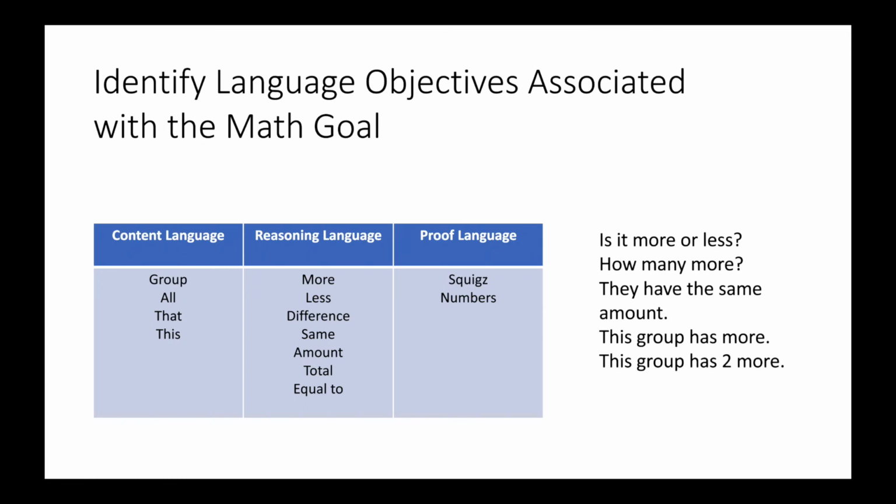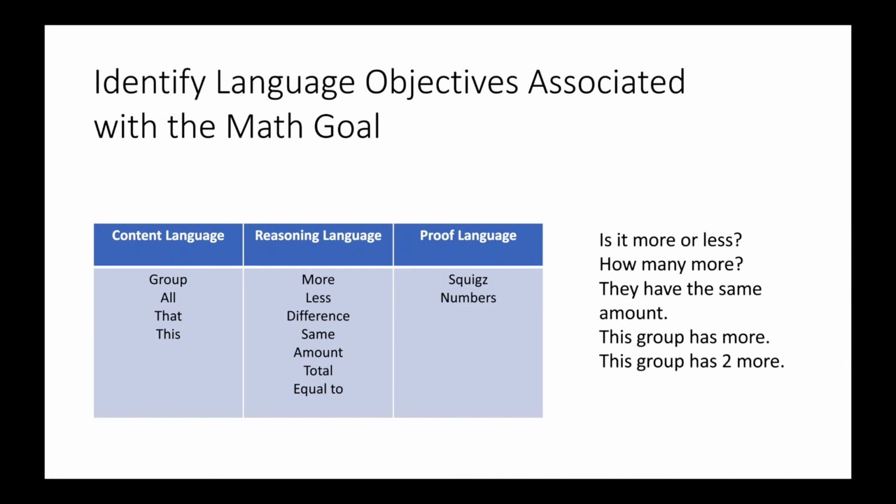Words like more, less, difference, same, amount, total, equal to. So that we can talk about what we're doing and describe it with this vocabulary, ask questions. Is it more or less? How many more? They have the same amount. This group has more. This group has 2 more. Oh, that's proof language. So proof language is describing, giving the detail, the explanation of how and kind of why.